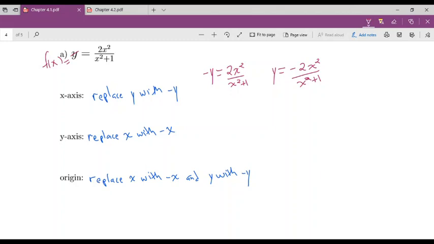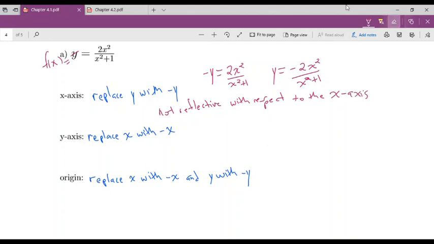Therefore, it doesn't work. This is not the same thing as the original, so it's not reflective with respect to the x-axis.